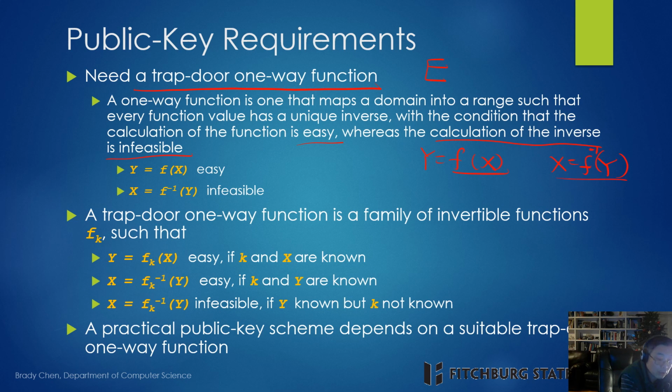In most cases, the function and the inverse function are just a function pair, so they are easily exchangeable. But in order for public key encryption to work, we need to find a function that is so easy to calculate f of x, but it's not easy to calculate the inverse.